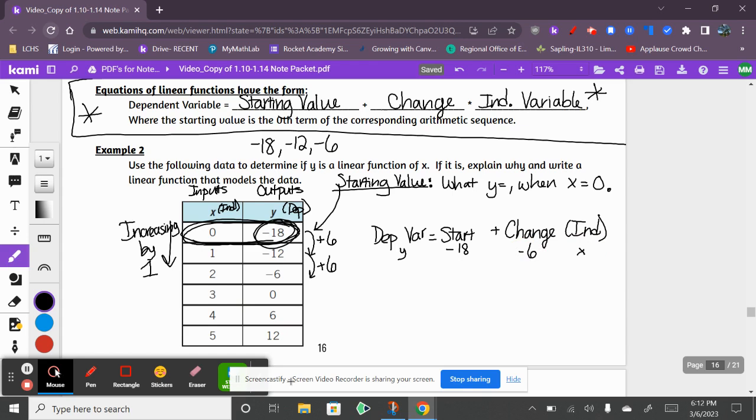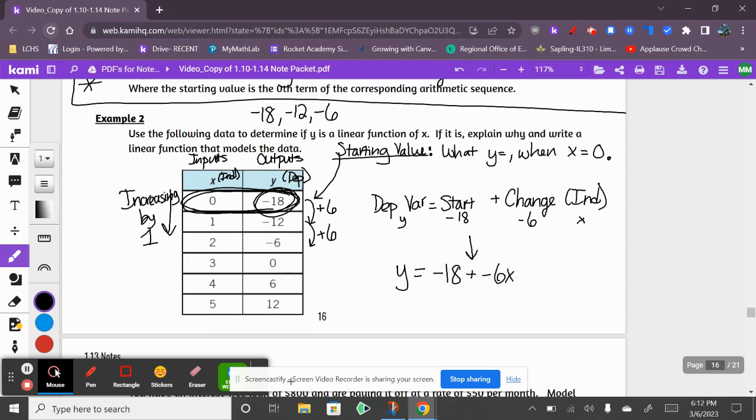So we can say that y is equal to negative 18 plus negative 6x. But that's a little bit awkward to write, so a better way would be to write it as y equals negative 18 minus 6x to represent that it's decreasing.